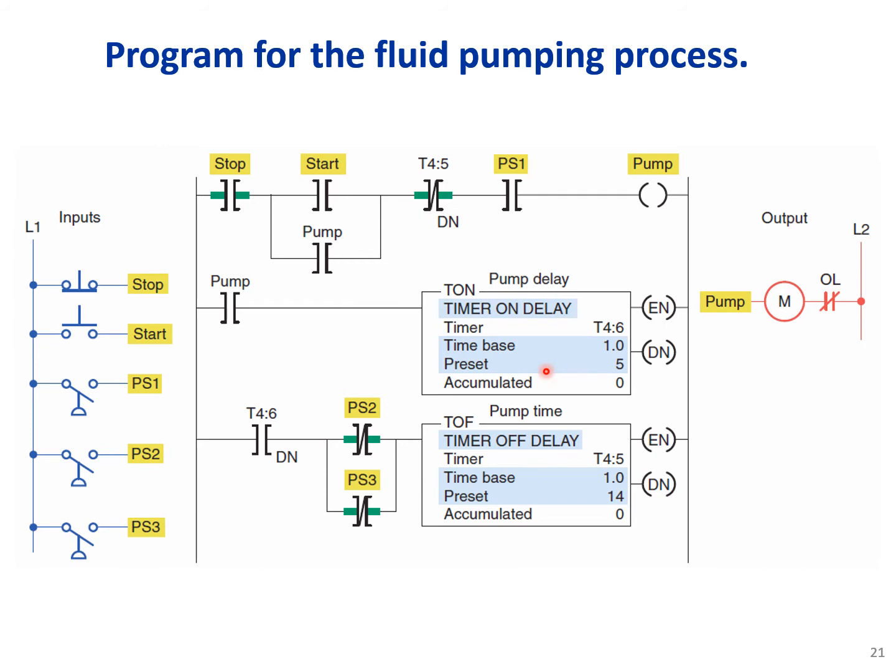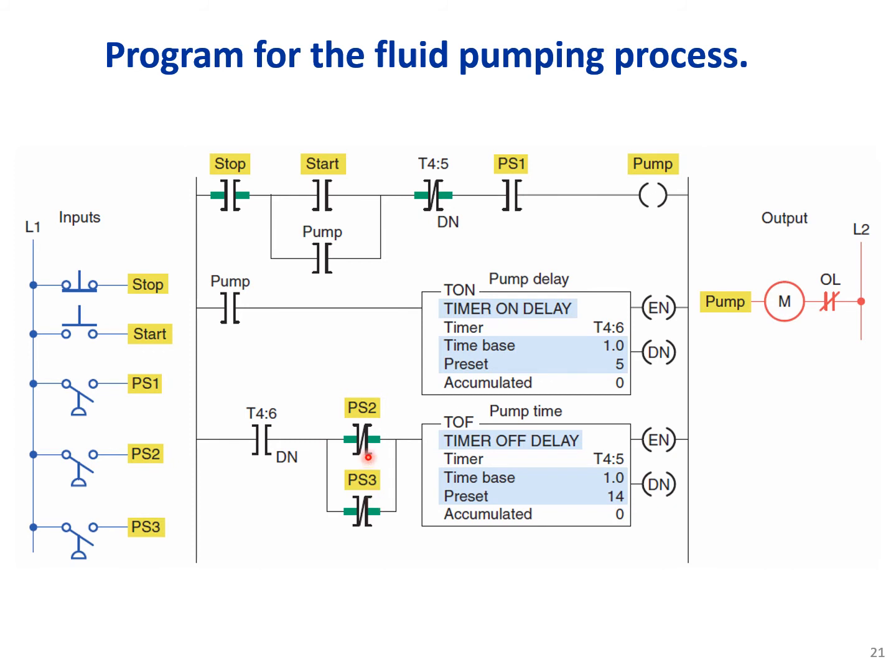After 5 seconds of this pump running, the down bit of the timer will become true. Now this down bit here is true, and we could proceed and check if the pressure sensors are true or false, on or off.